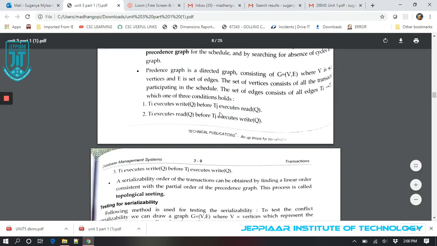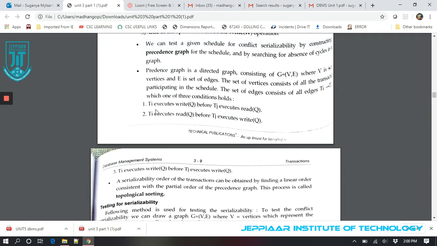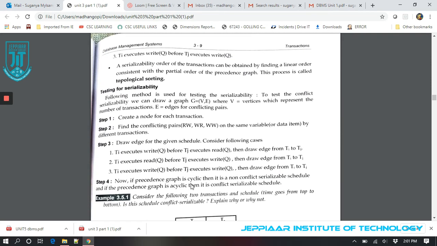If you look into this, you can identify that there are two different transactions, Ti and Tj, and the data item is the same, Q, everywhere. And finally, at least one write operation is there. In the first condition there is one write, in the second one write, and in the third both are writes. Our condition is at least one, so this is what it should follow.